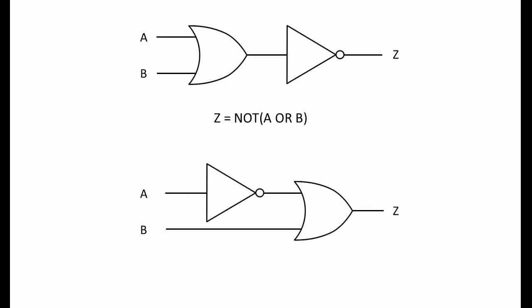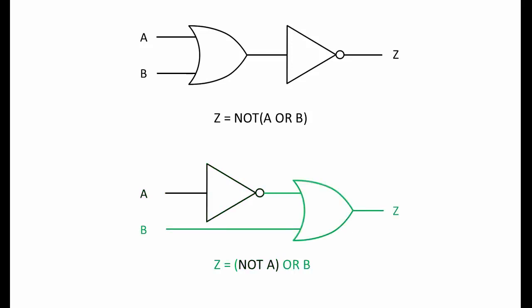Here you can see the same two gates combined together in a different way. This particular arrangement is correctly described by this expression. The expression is almost identical to the one above, but the brackets are in a different place. These brackets indicate that a NOT operation should be performed on A before anything else happens to A. You can clearly see that this is what's going on in the diagram.